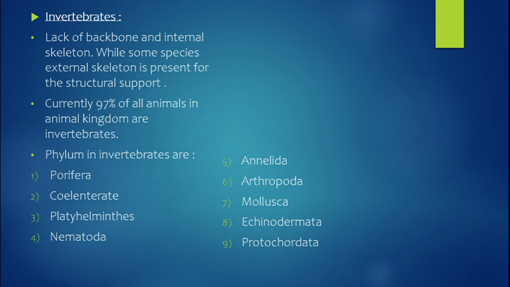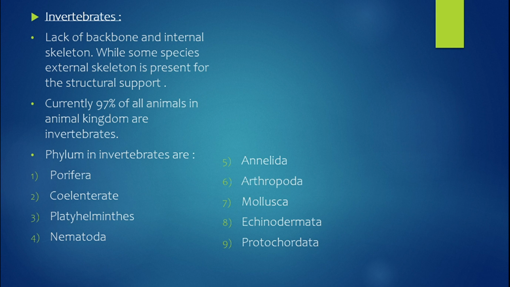The animal kingdom is going to take a lot of time, so in every video I'm going to take one or two phyla according to the information provided in NCERT, with easy notes for you all. The phyla are Porifera, Coelenterata, Platyhelminthes, Nematoda, Annelida, Arthropoda, Mollusca, Echinodermata, Protochordata.